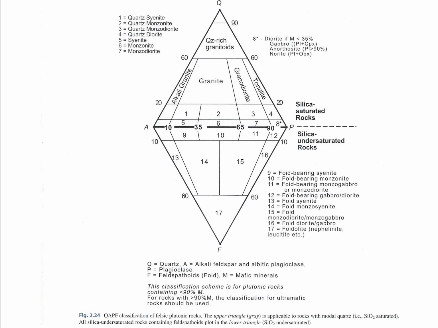Number 11 we have the fluid bearing monzogabbro or monzodiorite, whereas number 12 we have the phoid-bearing gabbro-norite, number 13 the phoid syenite, number 14 the phoid monzosyenite, number 15 the phoid monzodiorite, monzogabbro, number 16 the phoid diorite gabbro, number 17 the phoidolite, which contains a lot of nepheline and leucite, and therefore we also have rocks which we are calling nephelinite or leucitite.